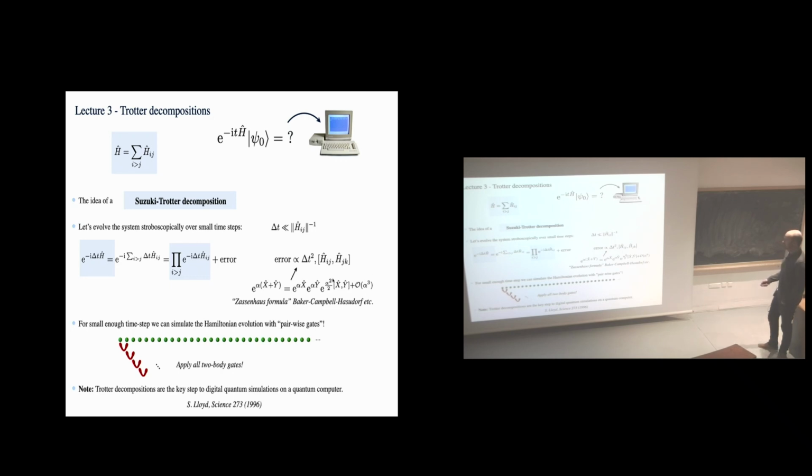But you see, if I make this time step, my prefactor alpha, very small, I can approximate an exponential of the sum by the product of the terms. That's the idea. And that would already be the lowest order Suzuki-Trotter decomposition. Of course, I will show higher order decompositions next. Nobody would use this first order thing, but it serves to understand the main concept.